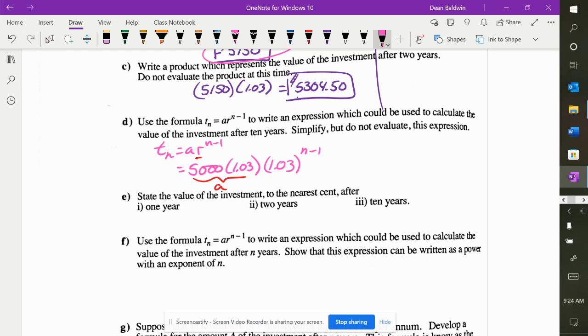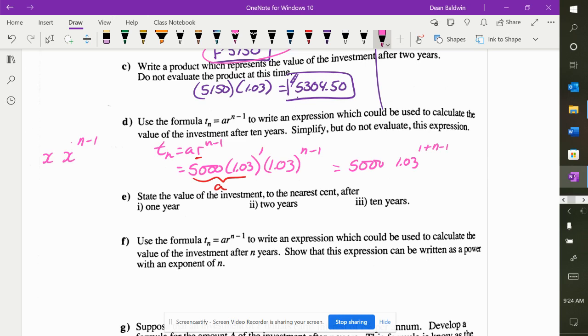If I had x, and then I had x to the n minus 1, what would I do with those two things? Add the exponents, right? Because the bases are the same. It would just be n, because it's going to be 1.03, 1 plus n minus 1.